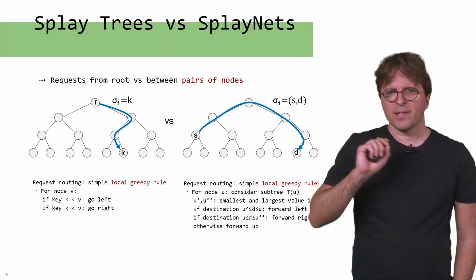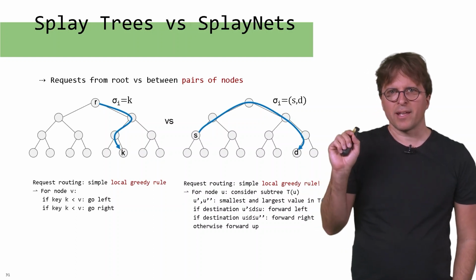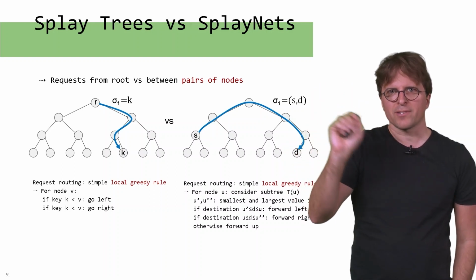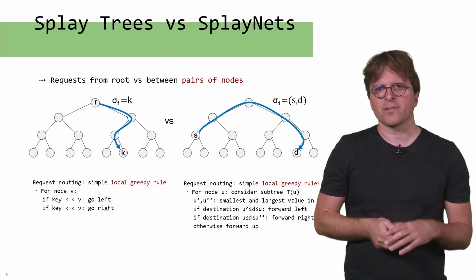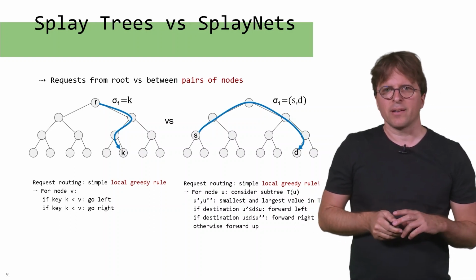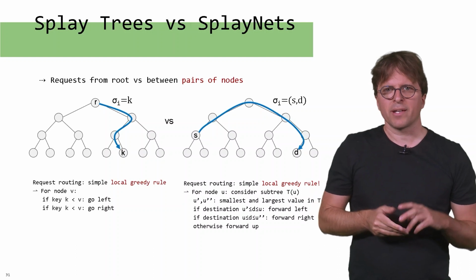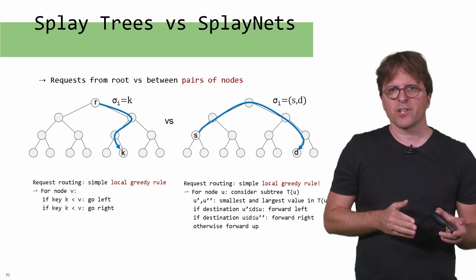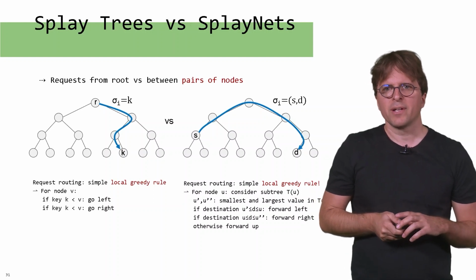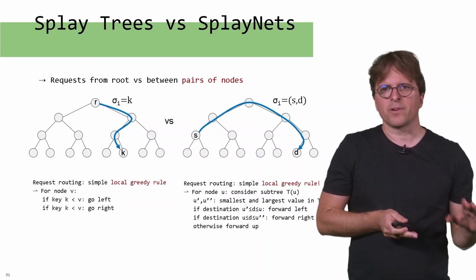Now, if you want to route from source to destination, we may also have to go up. So far in the data structure, we only had to go down, but now we also have to go up. And we can do the following local greedy forwarding. If the destination is somewhere between u' and u, then we forward it to the left.